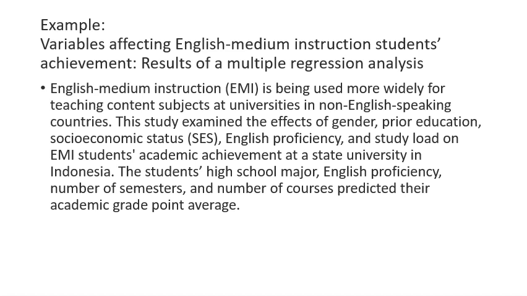The students' high school major, English proficiency, number of semesters, and number of courses predicted their academic grade point average. And so what that means is that of all the variables they looked at that correlated with these English medium instruction students' academic achievement, these are the four that came out to be significant after they took out all the partial correlations: high school major, English proficiency, number of semesters, and number of courses.